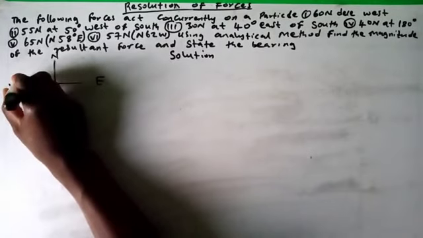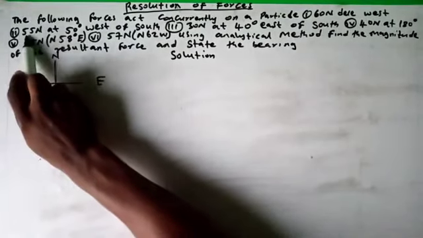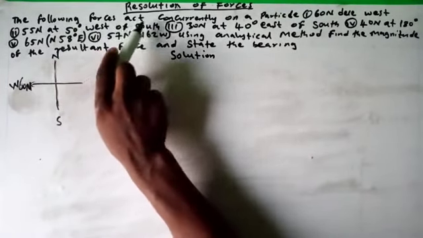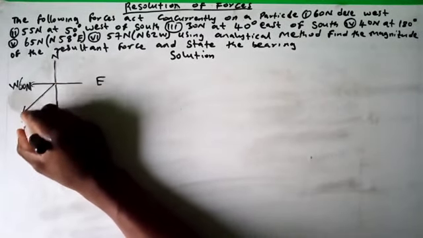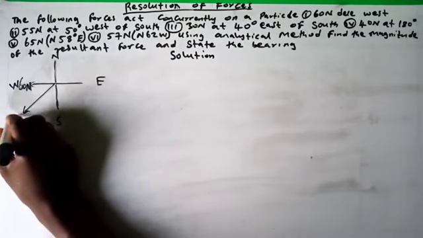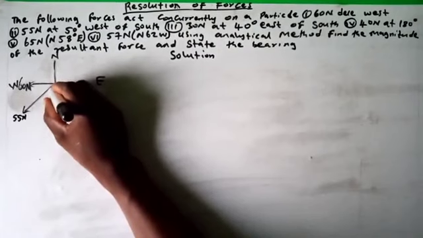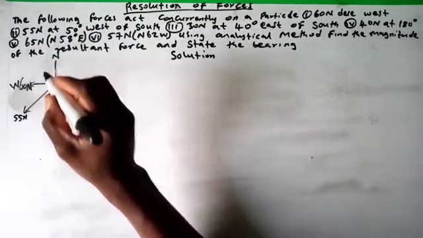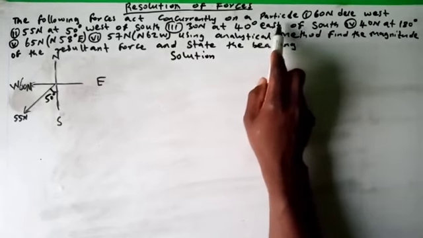Then the second force is 55 Newton at 50 degrees west of south. West of south. This is 55 Newton. And west of south we have here as 50 degrees.